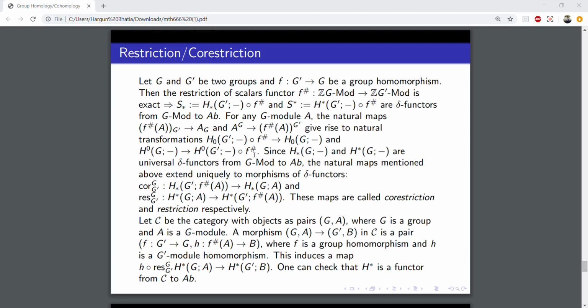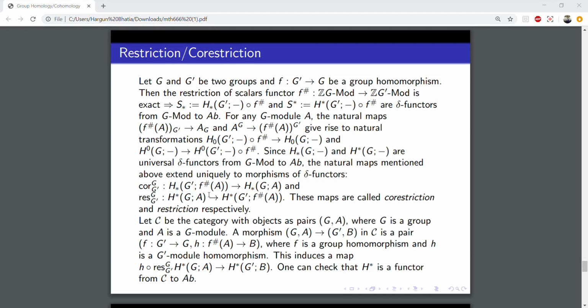Now notice that these homology and cohomology of G are the universal delta functors from G mod to Ab, and these S are just delta functors whose zeroth functors have a natural transformation. Just by the definition of a universal delta functor, this natural transformation in the homological case from S0 to the zeroth homology extends to a unique morphism of delta functors. Similarly, this natural transformation between these two functors extends to a unique morphism of delta functors. That's the definition of universal delta functors.